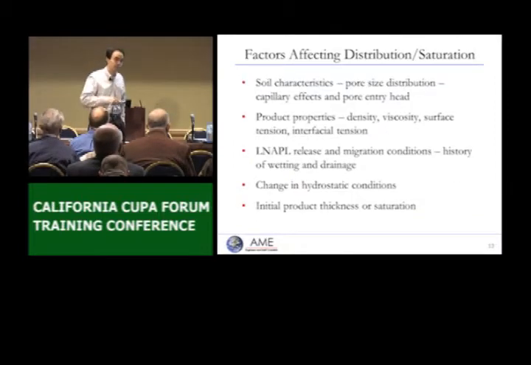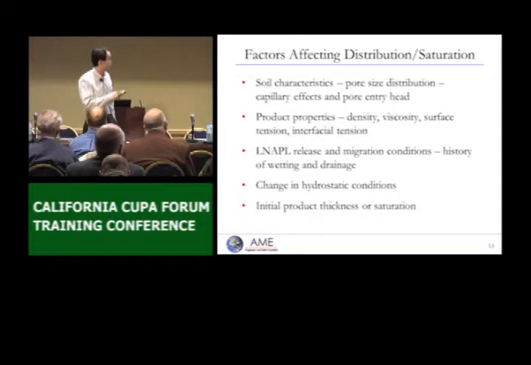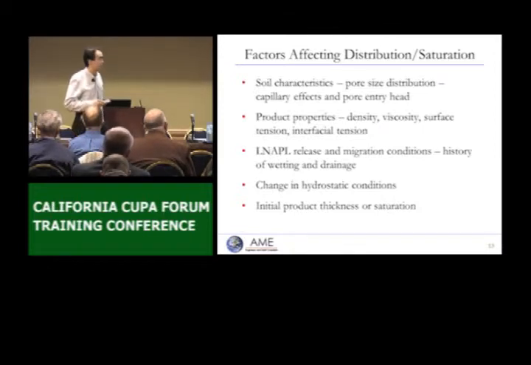Well, these are the factors affecting the saturation distribution of product in the formation. Just quickly walk you through: soil characteristics, pore distribution, basically the capillary effects, pore entry head, all that information, and product properties such as density, viscosity of the product, of the LNAPL, and also the surface tension, interfacial tension.